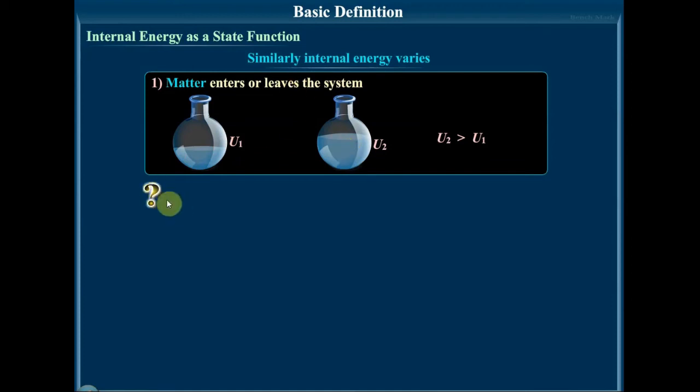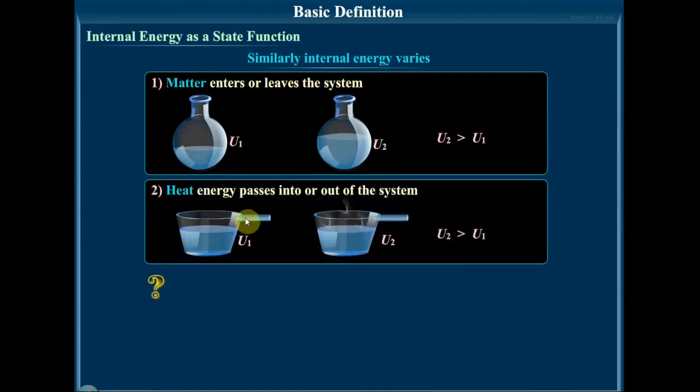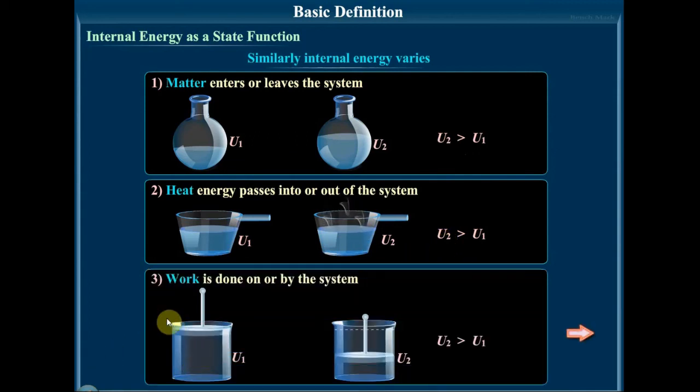Second, heat energy passes into or out of the system. This is U1 and this is U2. In the system with energy U2, heat energy is added, so U2 has greater energy than U1. So the first one is that matter is greater, and the second one is that it has more energy after heating. Third, work is done on or by the system.